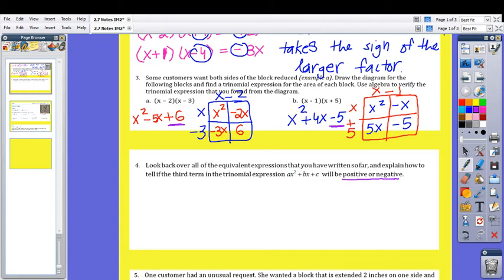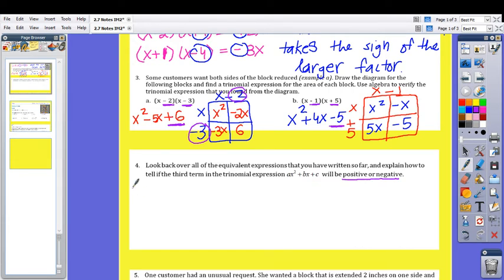So the thing is, if both the factors have the same sign, like we have negative 2 and negative 3, and we got positive. So if they both are negative or the same sign, then we get the last term positive. But if one of them is negative and one of them is positive, in the case of different signs, we get a negative third term.